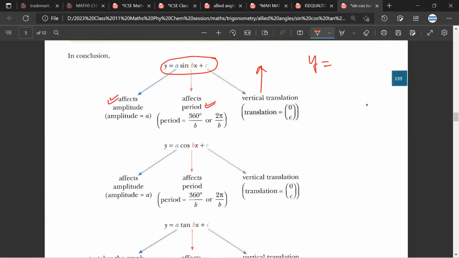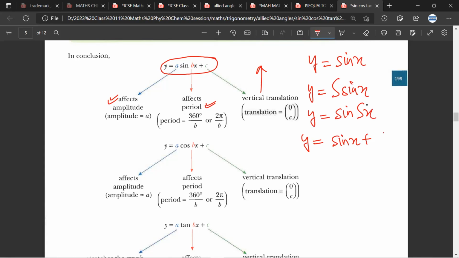So if I have y is equal to sine x, I hope you will be able to understand what effect these three, 5 would be having. Have you understood? 5 sin x would stretch the curve.